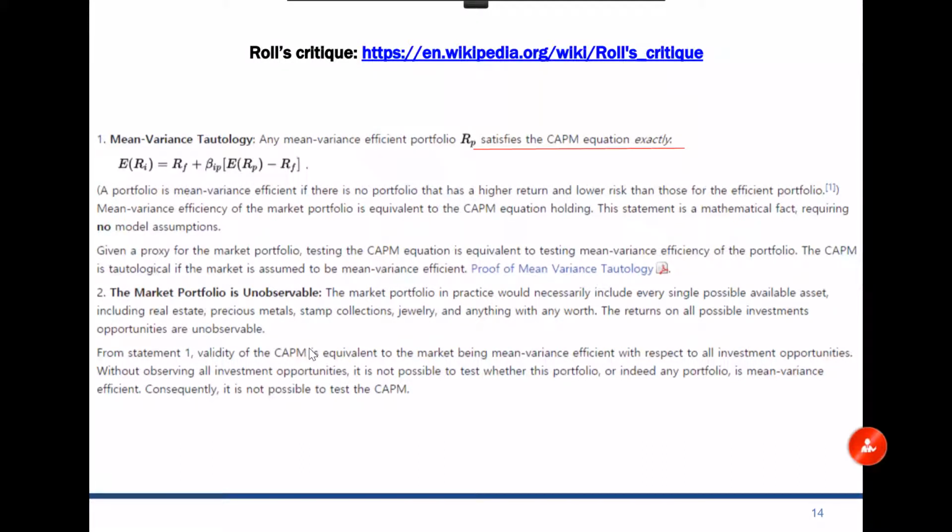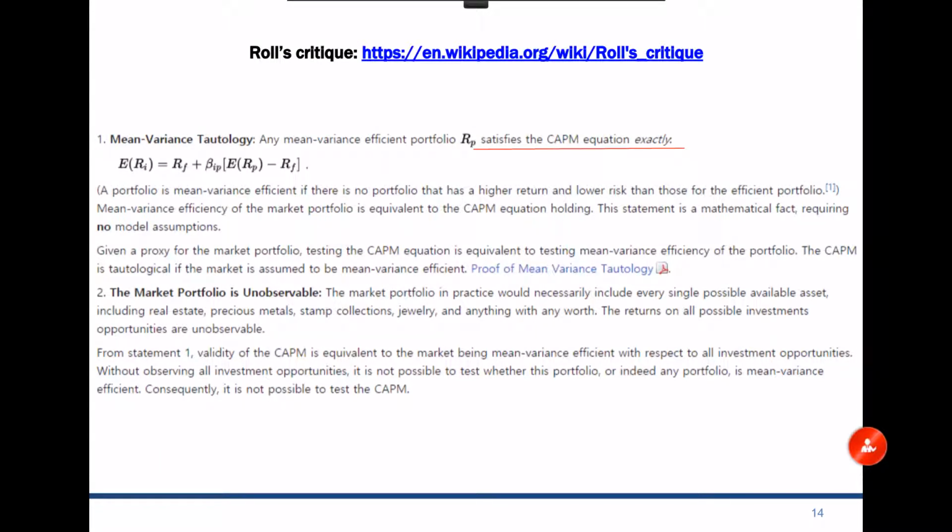So from statement 1, the validity of the capital asset pricing model is equivalent to the market portfolio being mean variance efficient with respect to all investment opportunities. Without observing all investment opportunities, it is not possible to test whether this portfolio, or indeed any portfolio, is mean variance efficient.